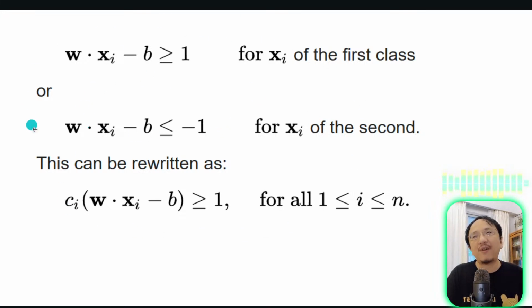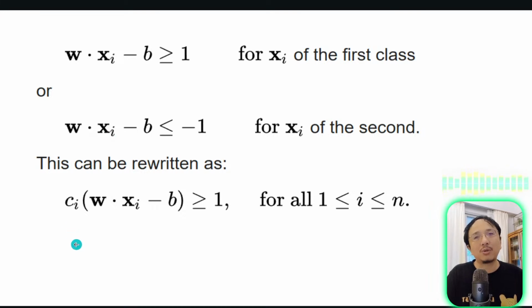So we can simplify these two constraints into just one. For the positive class, because ci is exactly 1, this formula is the same as the first inequality. And for the second class, because ci is -1, this inequality is equivalent to the second one.